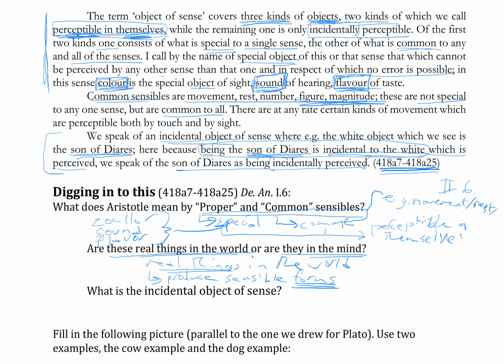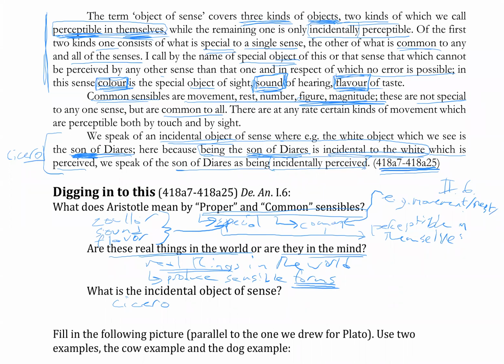It could be, I don't know, Cicero or Euthyphro. We'll do Cicero. I don't know if I'm spelling Cicero right, but Cicero, right? So it's a guy out there in the world. So objects of sense, you know, the guy Cicero. Sorry, I'm switching examples just because the son of Dares adds an extra complication that we don't need to pay attention to.